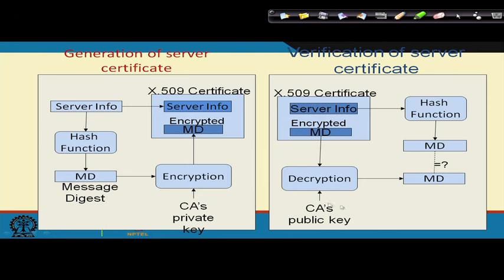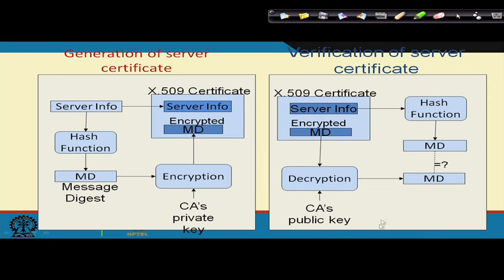non-repudiation. Once it is opened by the public key, if by chance this server turns out to be an entity who is not trustworthy, then because the CA has already approved it, and you know that the CA is the agency with whom you can lodge your complaint about the server.